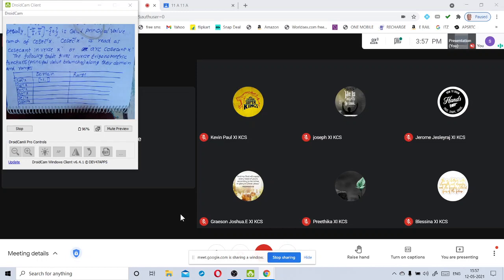This table is already given in the textbook. Just I am explaining again this table. Sin inverse x: domain is closed interval -1 comma 1 and its range is closed interval minus pi by 2 comma pi by 2. This is nothing but the principal value branch of sin inverse x. Okay, my dear children.